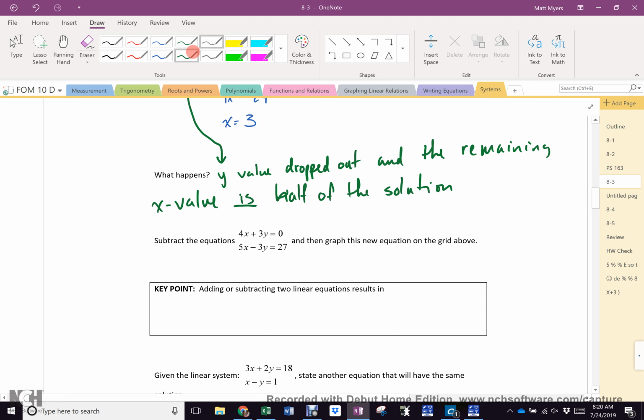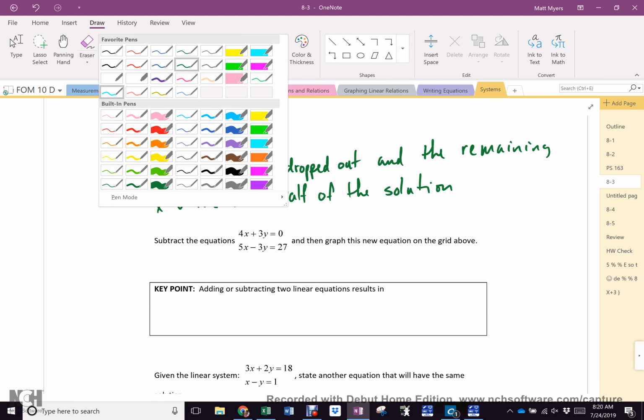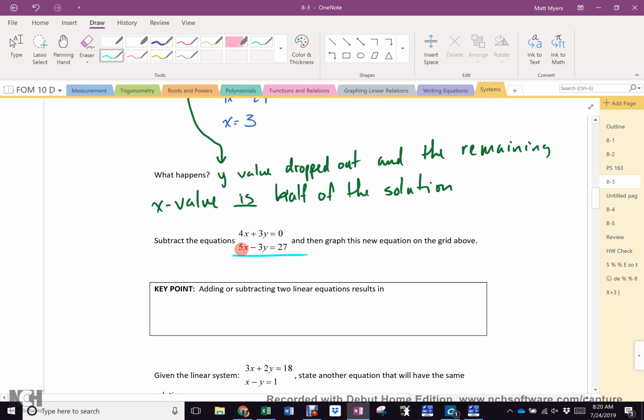Now, what would happen if I were to subtract these? What's 4 minus 5? Negative x. What's 3 minus 3? Plus 6y. And what's 0 minus 27? Negative 27.